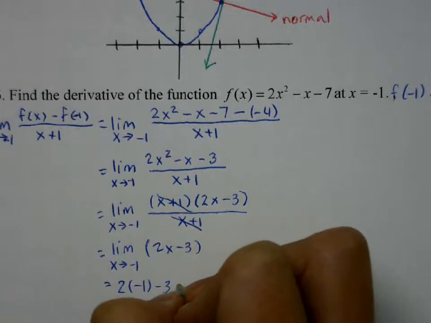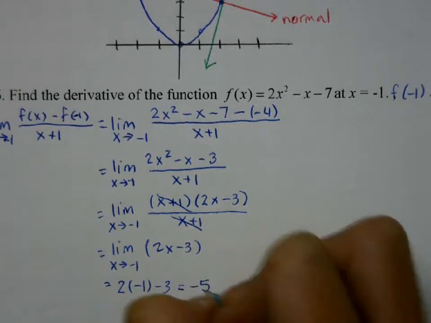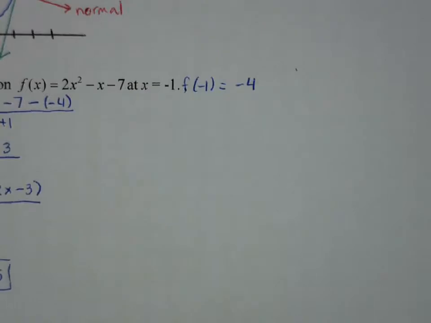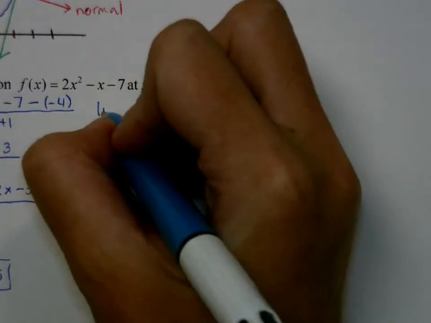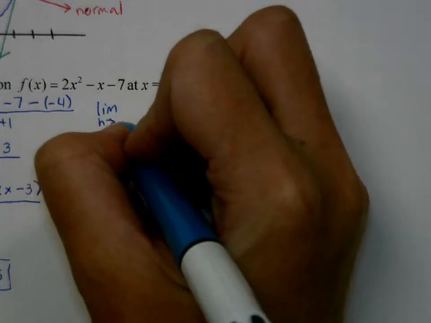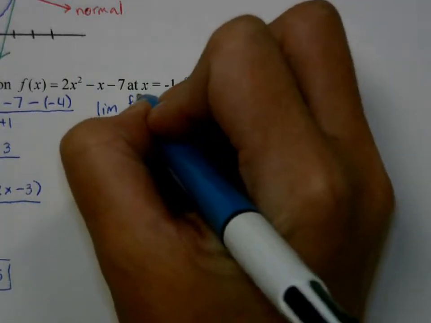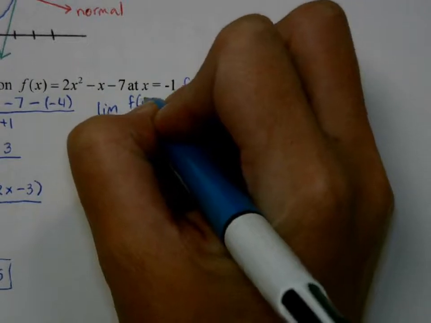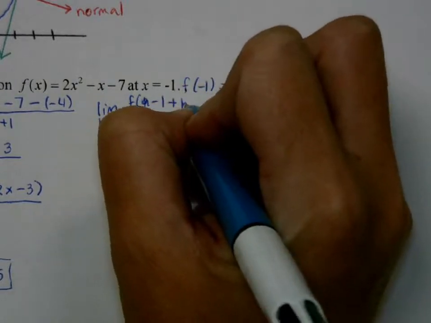Okay, we're going to do this again with the other definition just to show that it works. Okay, so our second definition, the limit as h goes to 0 of f of negative 1 plus h minus f of negative 1 over h.